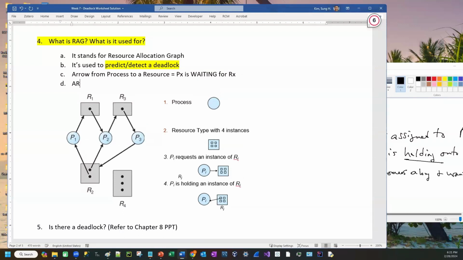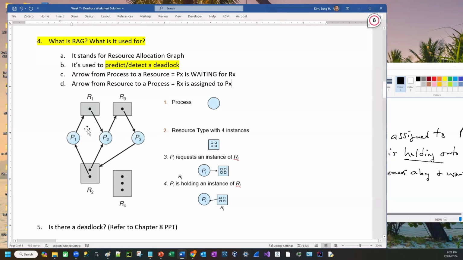Now for the arrow from the resource to a process, right? What that means is that resource is assigned to that process.